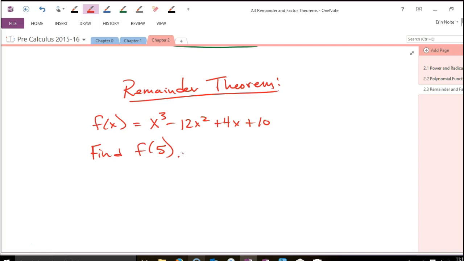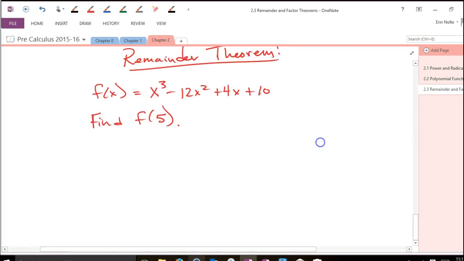Normally you would say, I just take 5 and plug it into the function and simplify, which is totally right, but you can also use the remainder theorem. To use it, what number am I going to put into the box? 5. You use the number that they give you. That's one little piece that gets confusing.